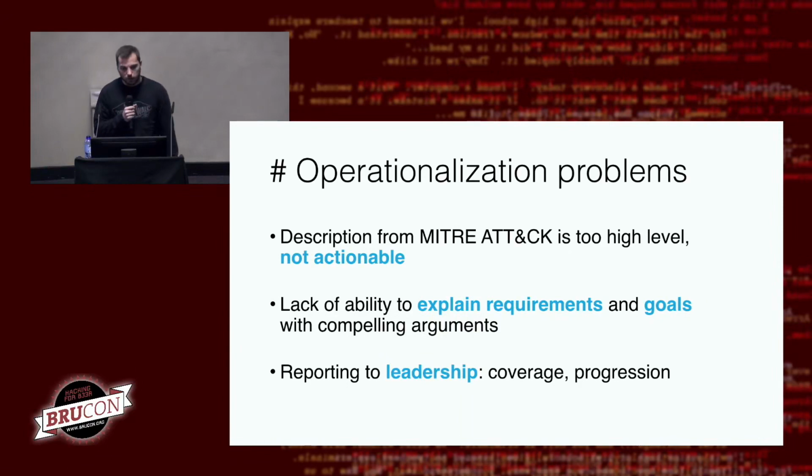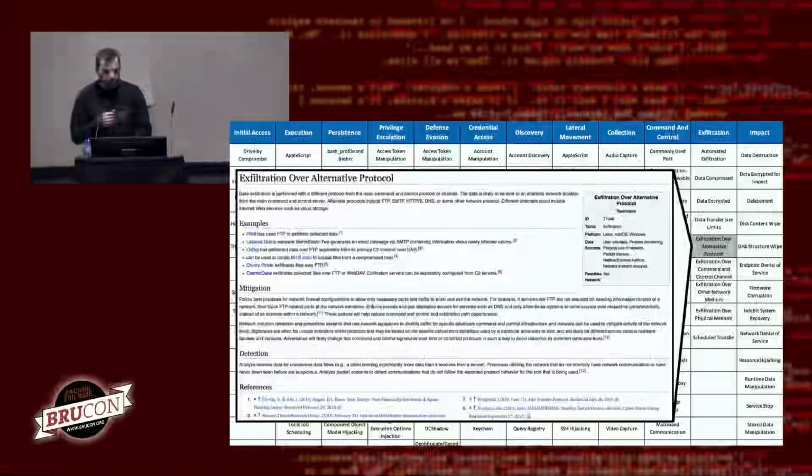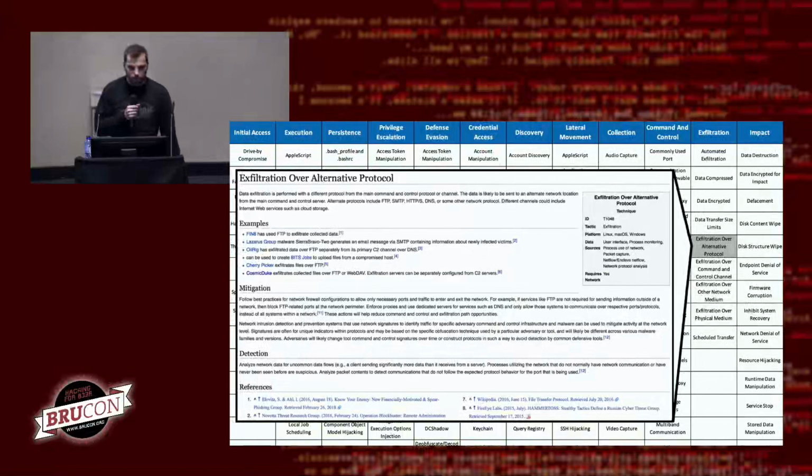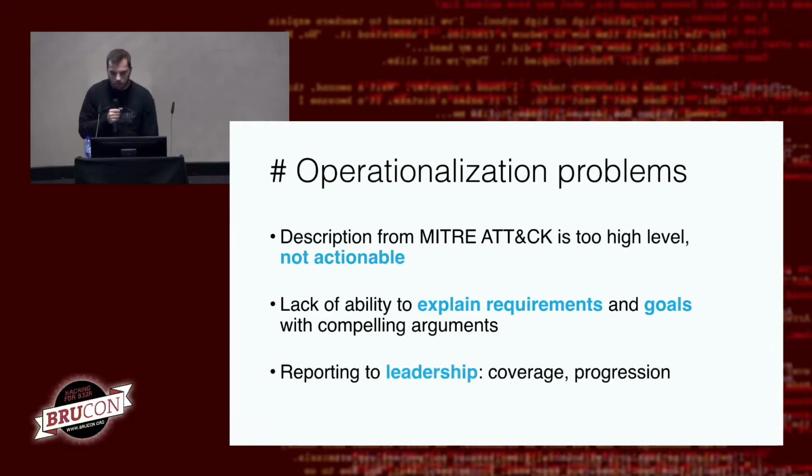The description from MITRE ATT&CK is too high level. It's not actionable, so you cannot simply take this page, pass it to your team and ask, please guys, could you detect these activities or could you mitigate it? The second thing is a consequence of the first problem, which is the lack of ability to explain requirements.